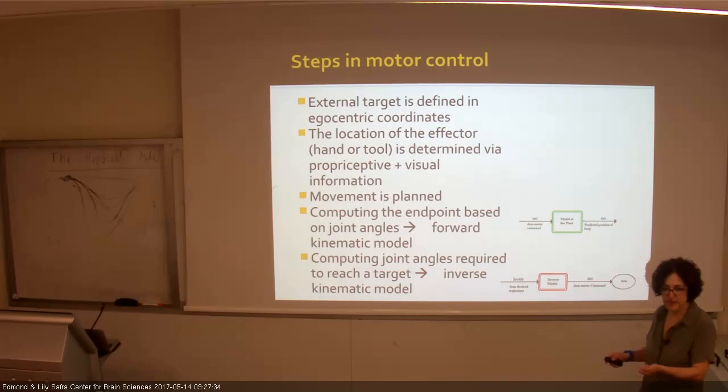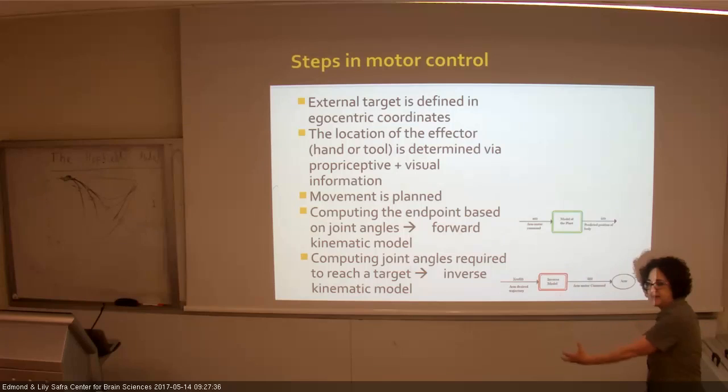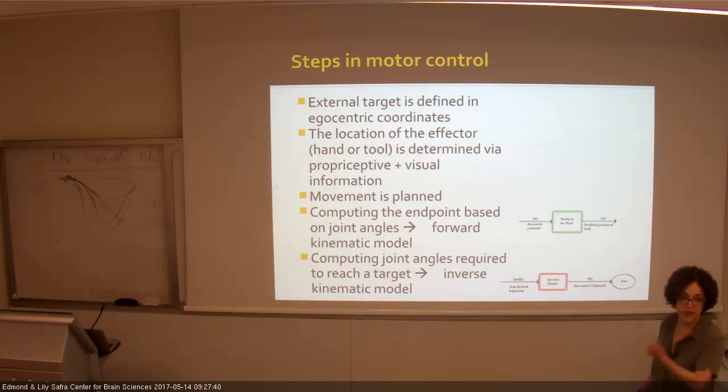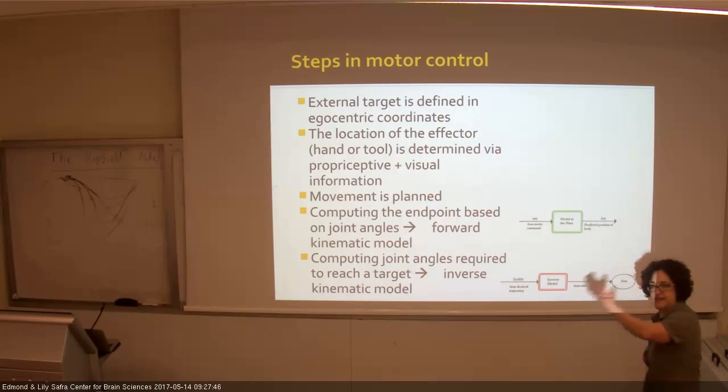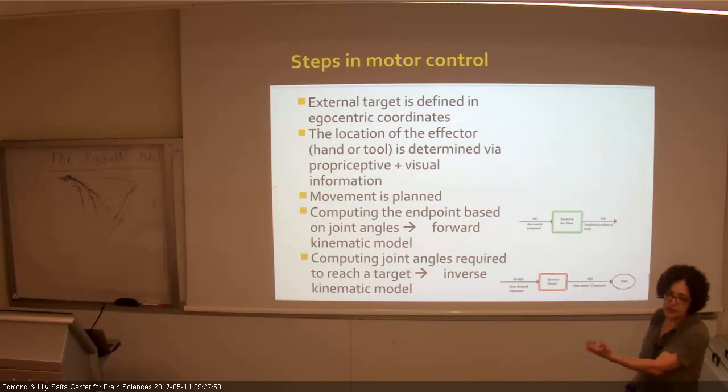So these are 2 different things. You can predict where the hand will go based on joint angles, based on the command, and at the same time, I can give you the command or the trajectory, the end result, and you can compute the command. Okay? And this is an inverse model.